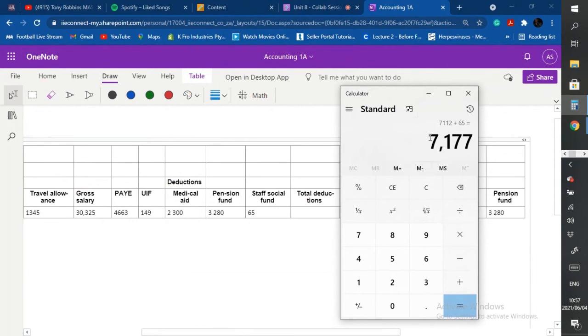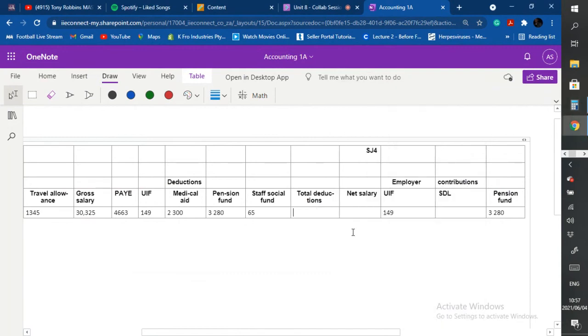So our total deductions is 7,177. There we go, plug that in. Now obviously, we know our net salary is the difference between our gross salary and all our deductions.